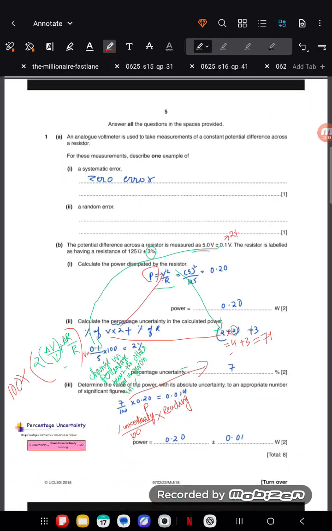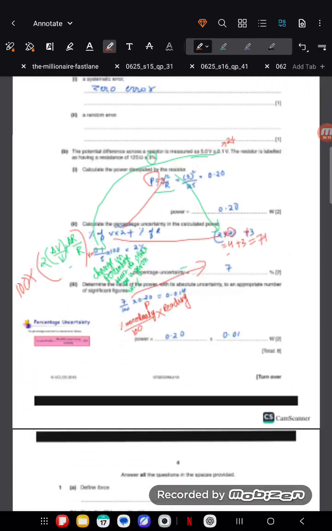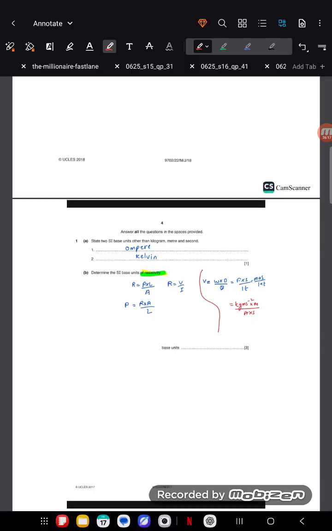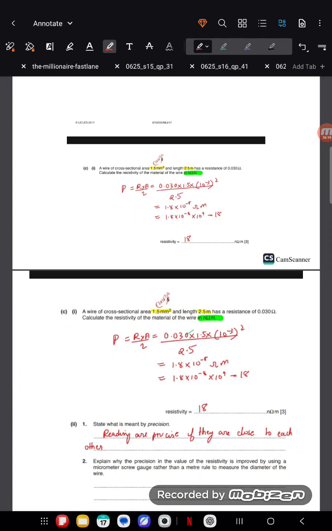Okay, so same for this, it is very easy, all the questions are the same. Okay, this is, you have to convert.